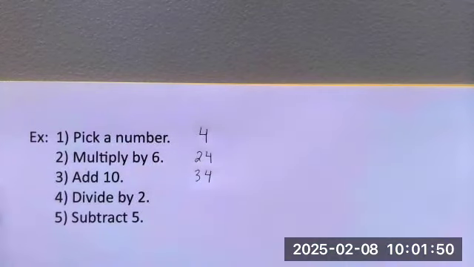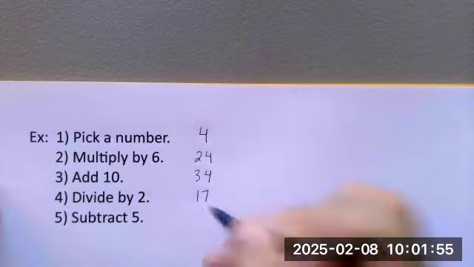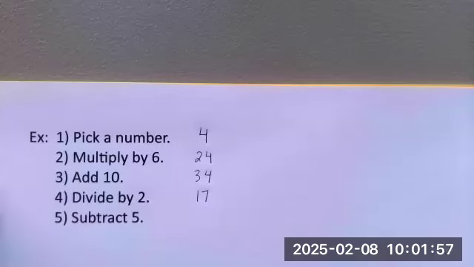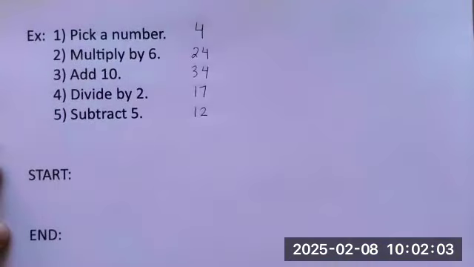If I then divide that by 2, 34 divided by 2 is 17. And finally, if I subtract 5, 17 minus 5 is 12. So when I started with a 4, I ended up with a 12.